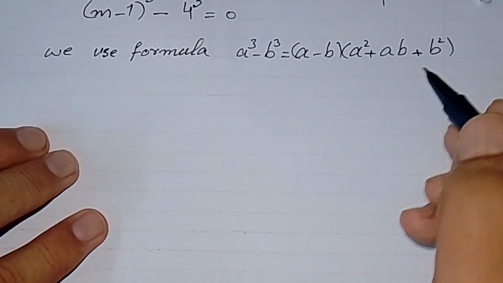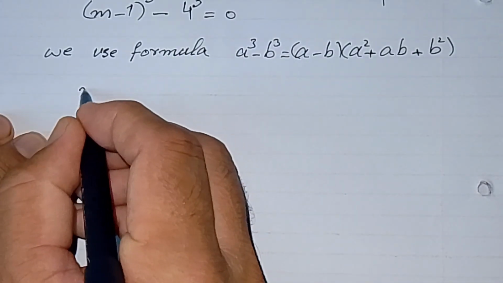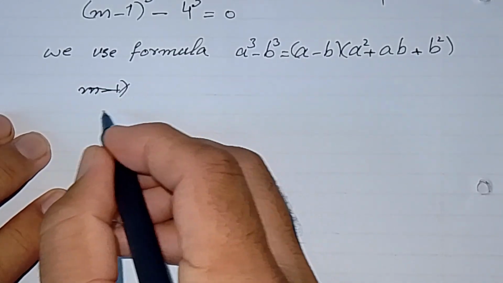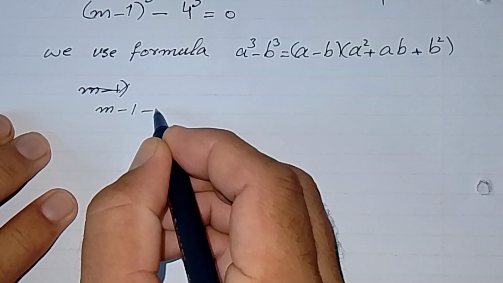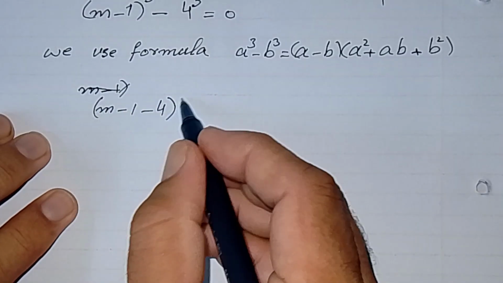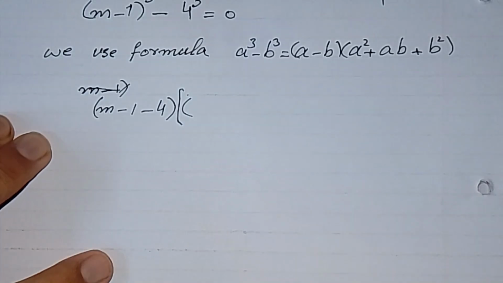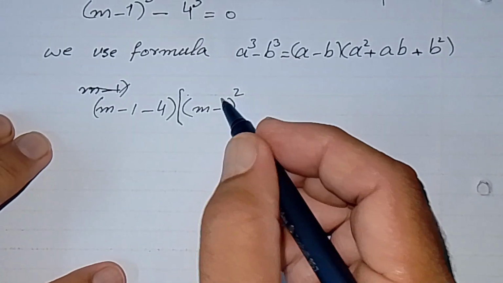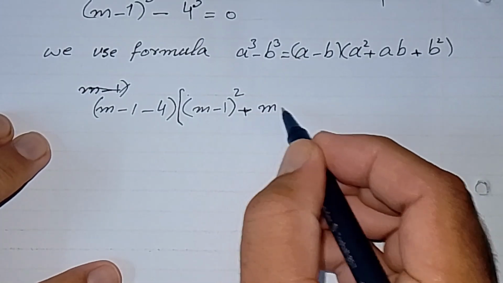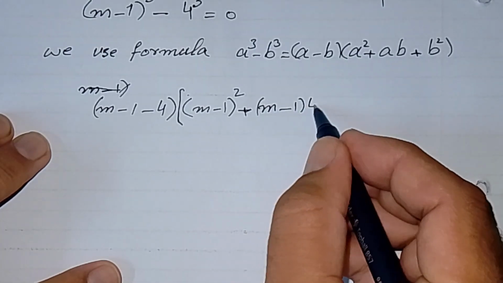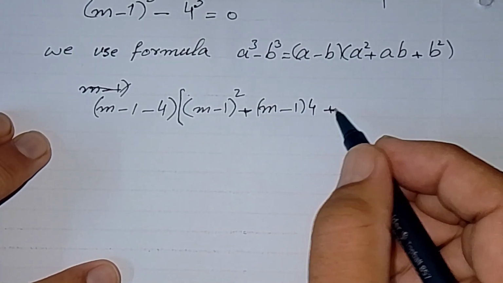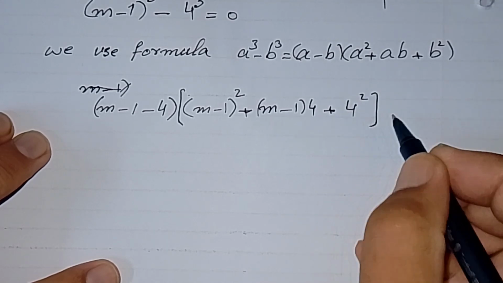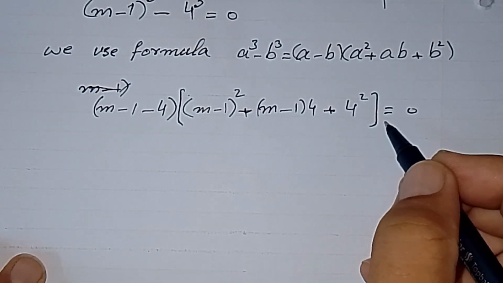Now (m minus 1 minus 4) into ((m minus 1) whole square plus (m minus 1) into 4 plus 4 square) is equal to 0.